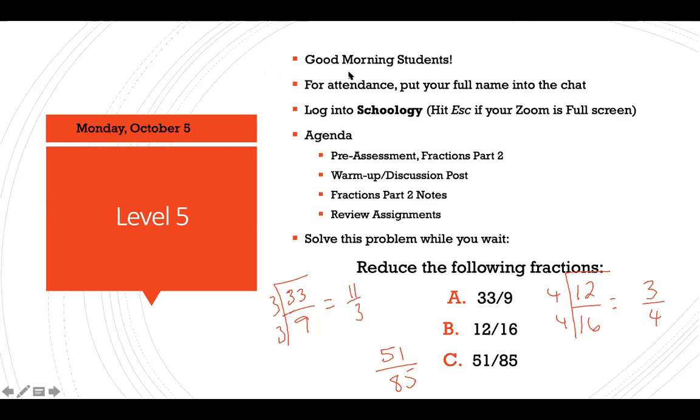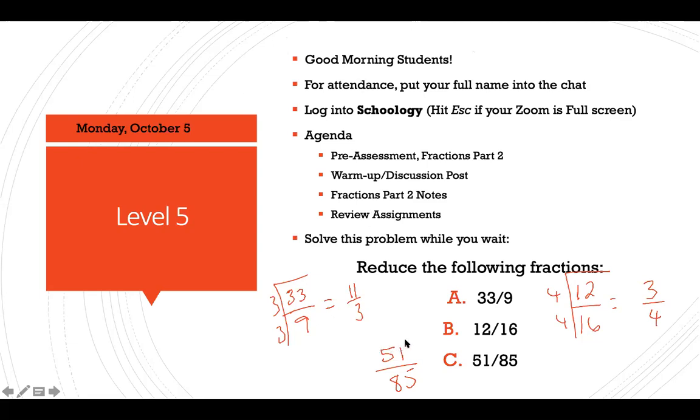So what's the answer, Jules? It's just 51 over 85? Right. We can't reduce it. Okay. I was thinking about that. So remember that sometimes you're going to get these ones that you can't reduce.